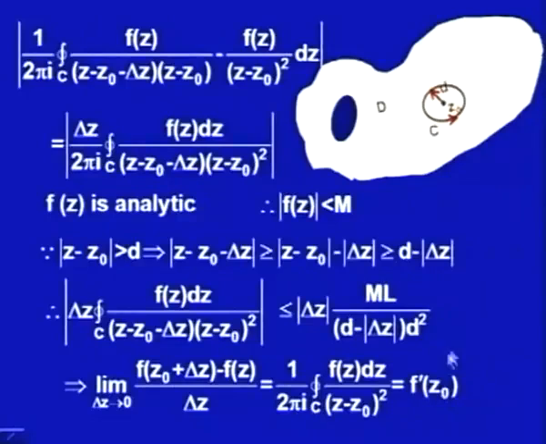And since z naught is arbitrary, f dash z will also be analytic in the whole region.